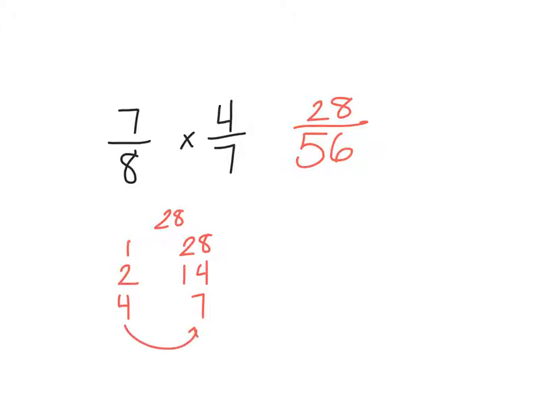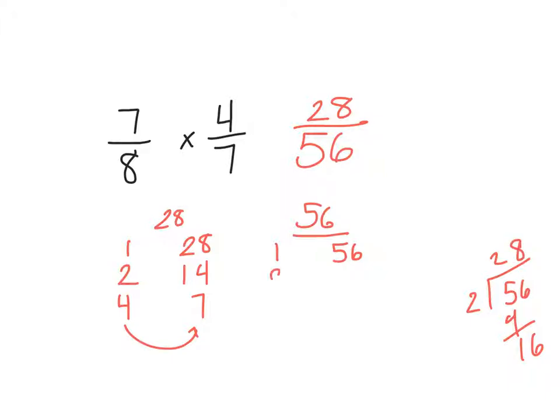If I list my factors for 56, 1 and 56, it's divisible by 2 because it's even, 2 and, well, look at that, 2 and 28. I don't really have to go any further.